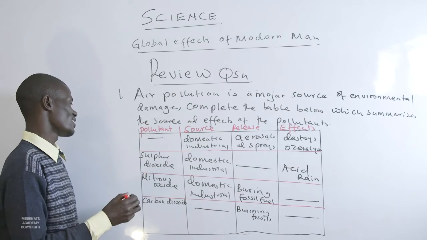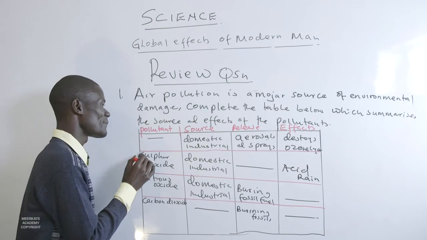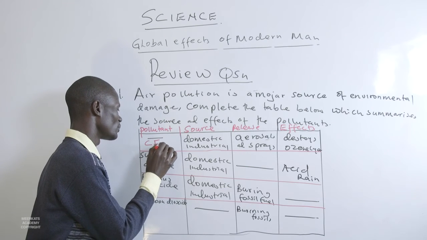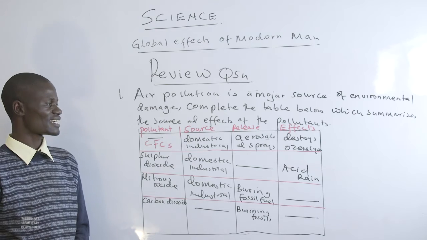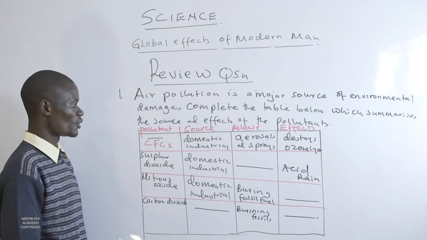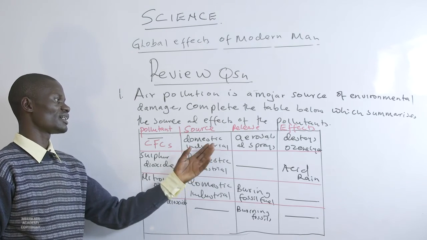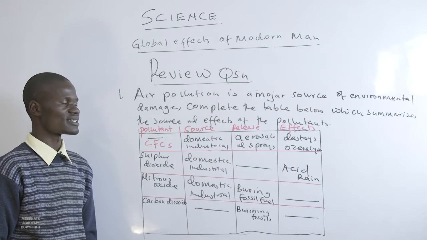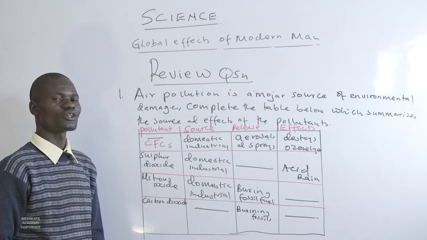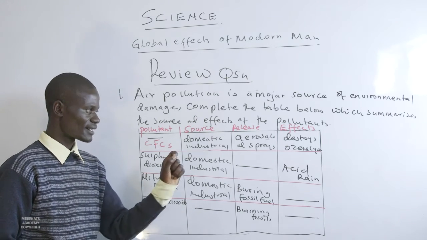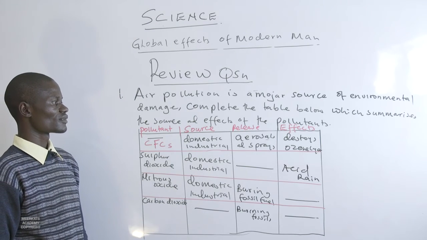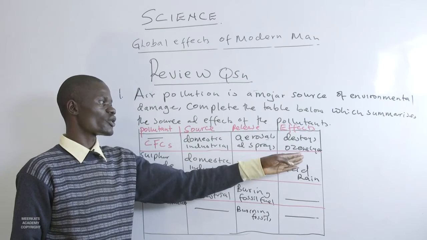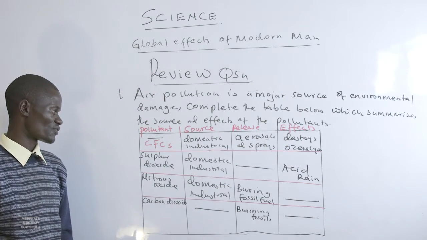This pollutant comprises chlorofluorocarbons. These compounds are produced from domestic industrial sources. Actually, they give aerosols such as herbicides and insecticides, which are also a form of spray. When they are released in form of aerosols and spray, they go and destroy what we call the ozone layer in the atmosphere.